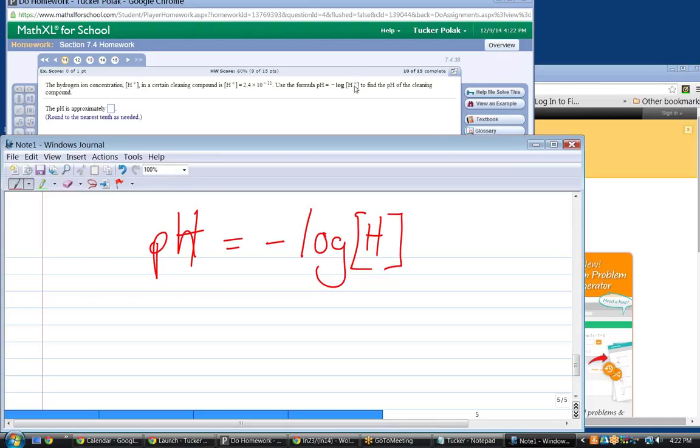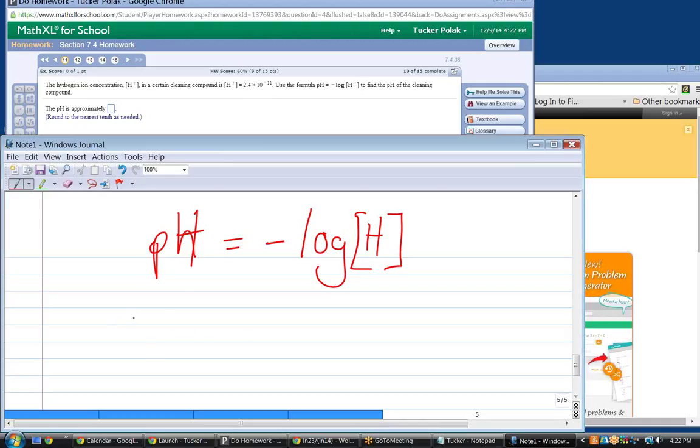What's that plus sign mean? It's going to be positive? Oh, no, I see. H plus is the hydrogen ion concentration. And in this case, it's 2.4 times 10 to the minus 11.